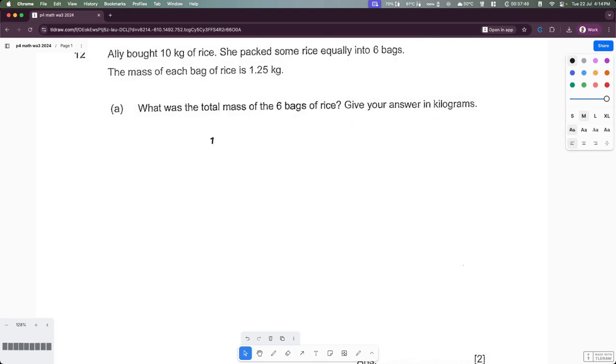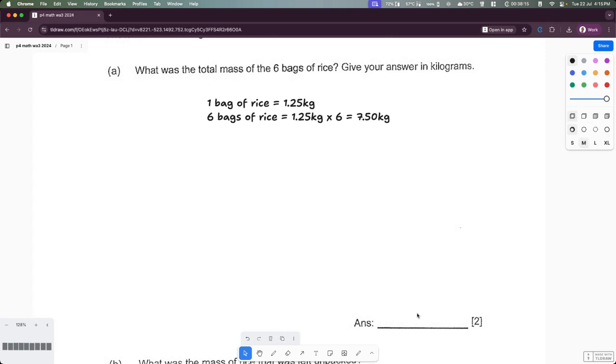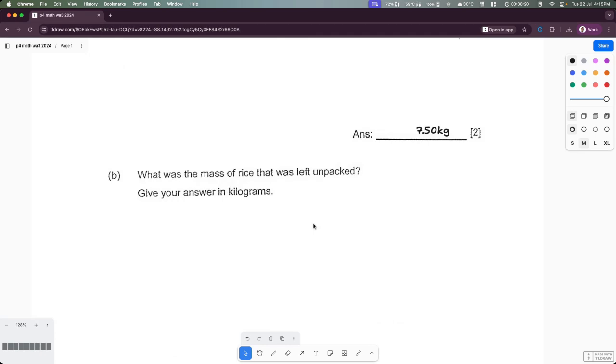One bag of rice is equal to 1.25 kilograms, so 6 bags is equal to 1.25 times 6, which is, let's do some mental math, equal to 7.50 kilograms, and that's the answer.